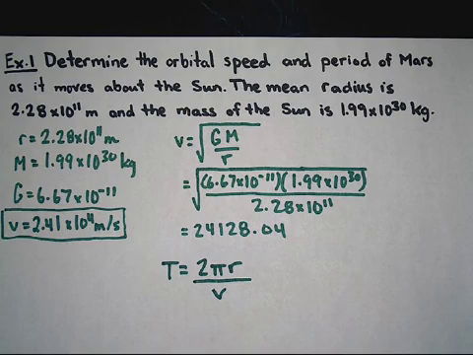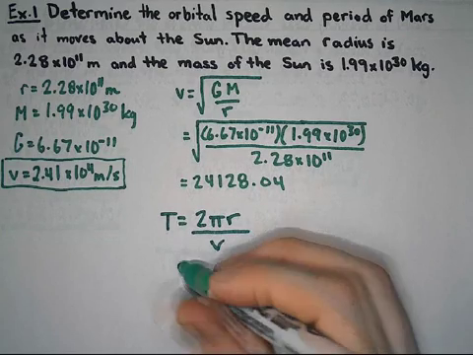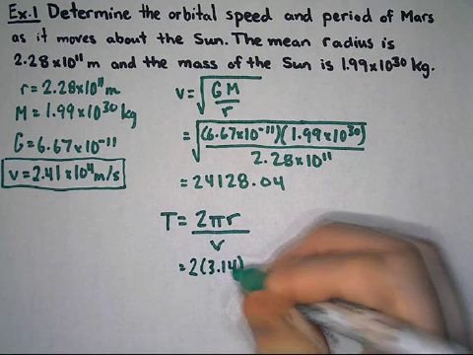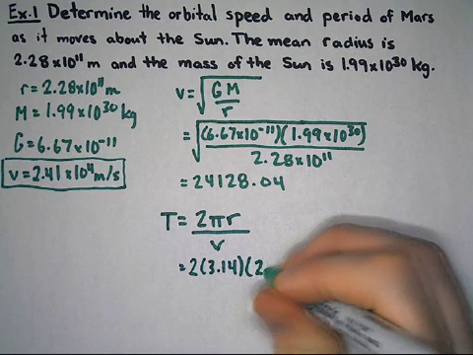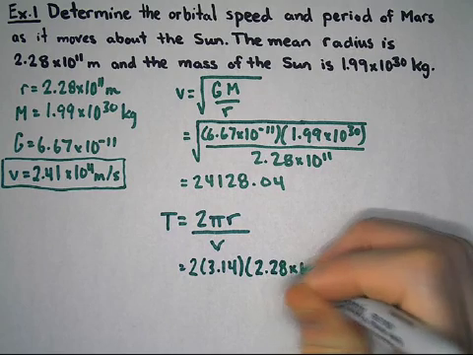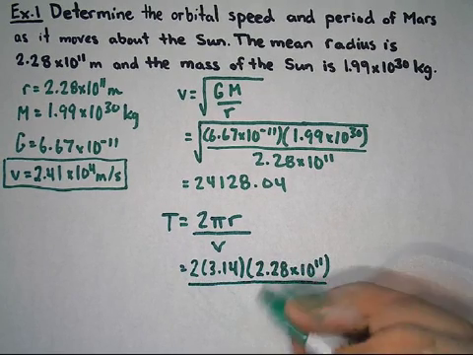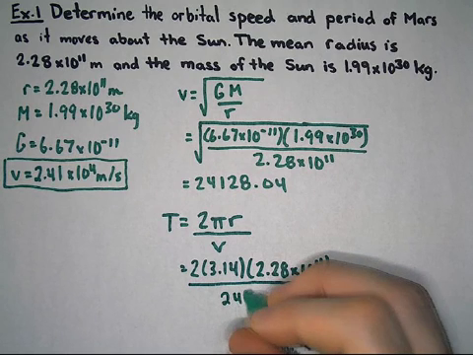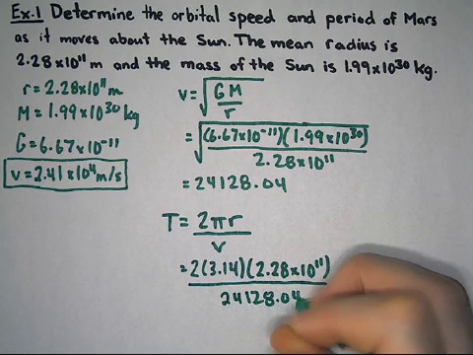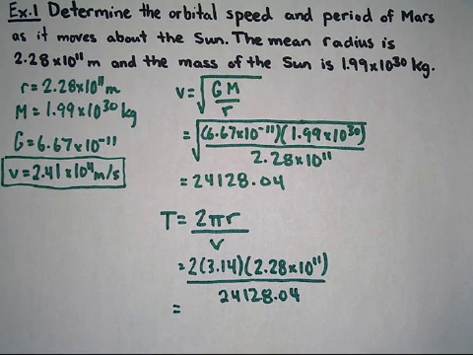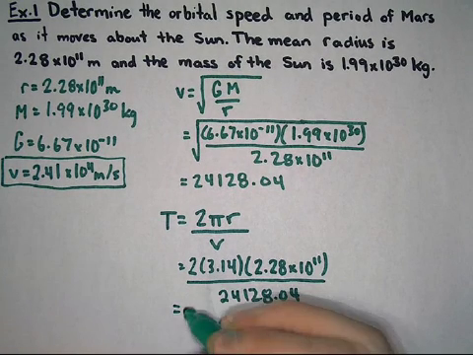And that gives us 59,343,404.67. And that is my period. So that'll be 5.93 times 10 to the 7, and that will be in minutes.